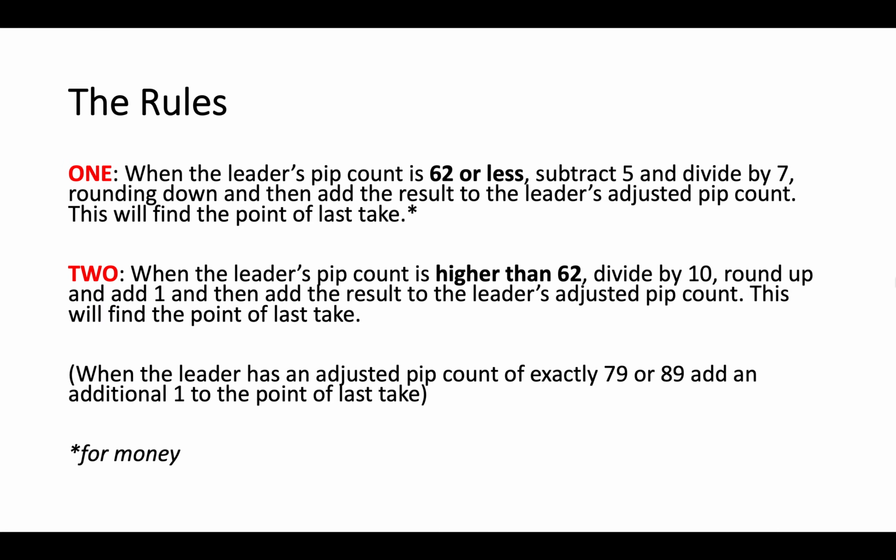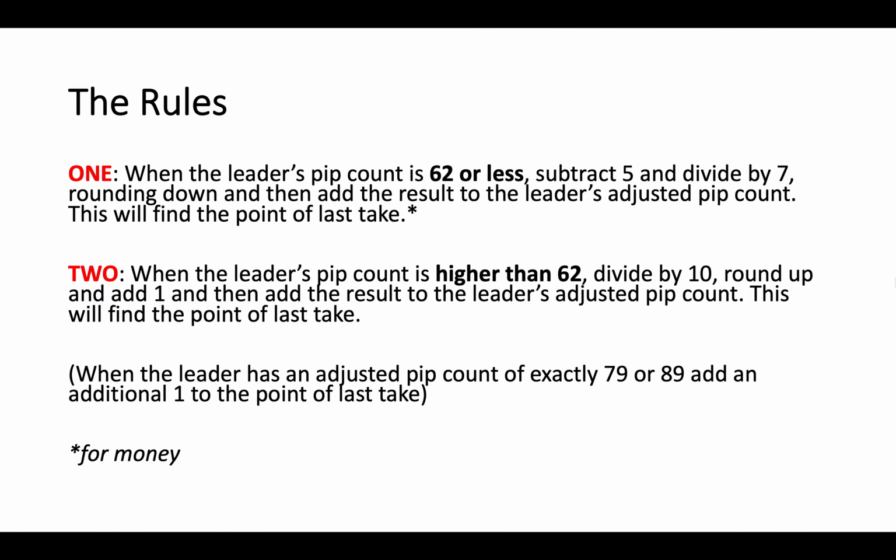So at match play, when you are at different scores to your opponent, you really only use this as a base level, and then you have to make adjustments because, of course, take points differ depending where you are in the match, whether you're leading or you're trailing. So Rule 62 works well for money, but for match play, you would need to make further adjustments.